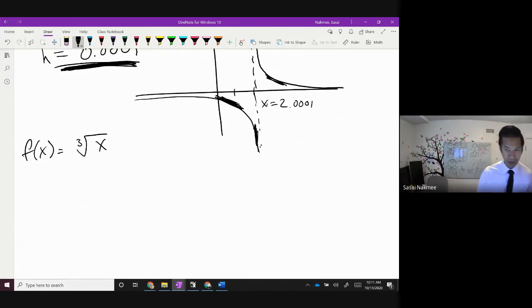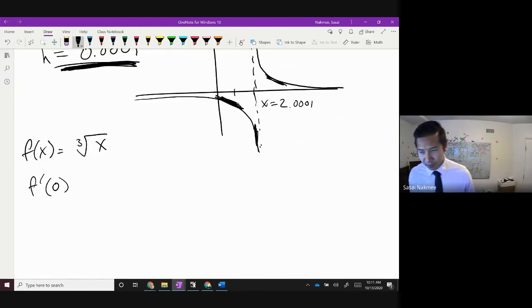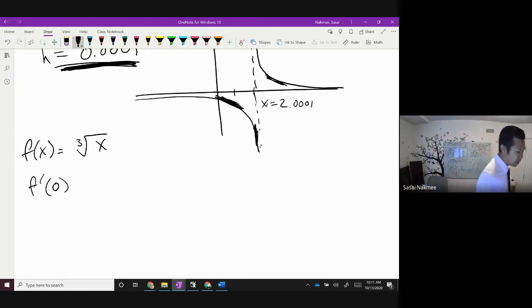Can you guys, right now, try to find the derivative of f of x evaluated at 0? Calculate the derivative of the cube root of x at x equals 0. Go ahead and try that. See what you guys get.